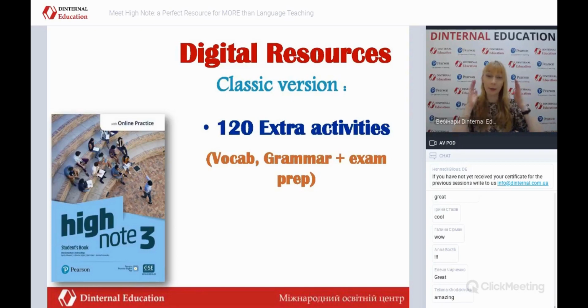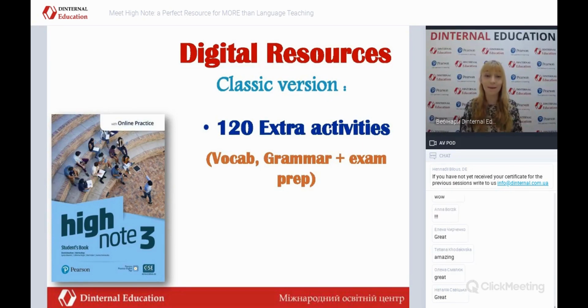If it's reading, it will immediately tell you true or false, multiple choice, or matching, or whatever the task is. So you can always find an extra activity when you're preparing for ZNO. There is always something here online. And if you know how My English Lab works, you understand that this is all checked by the program. So you don't need to check any of those extra activities.